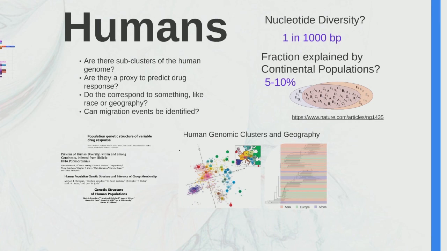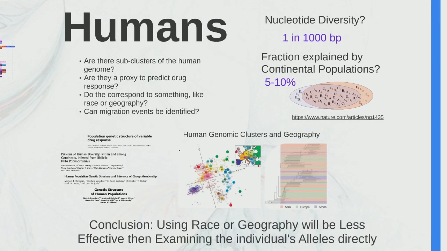Okay, so the conclusion for that section is that using race or geography is not so effective as examining the individual alleles directly, because there's a lot more information in the actual alleles than just which continent somebody has come from. And that means that trying to use race or geography to predict drug response is not the best for most drug responses.